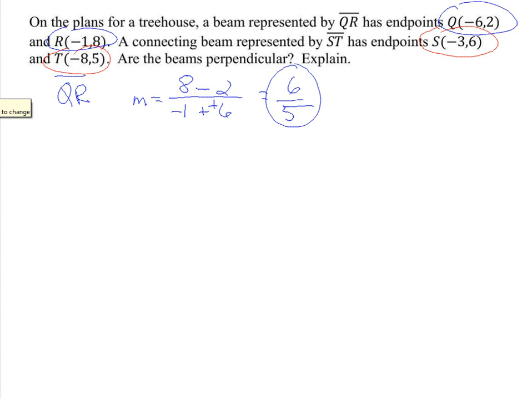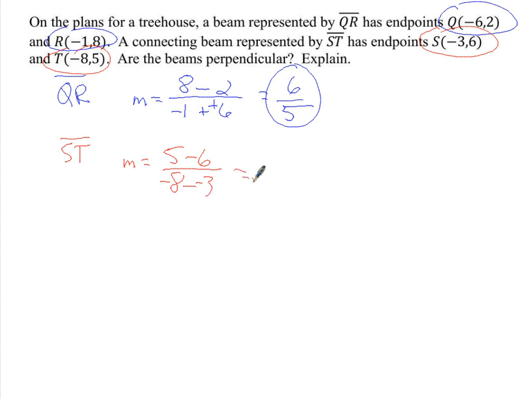Now what do I do? Find the other slope. So for ST, m equals what? 5 minus 6 divided by negative 8 minus negative 3.